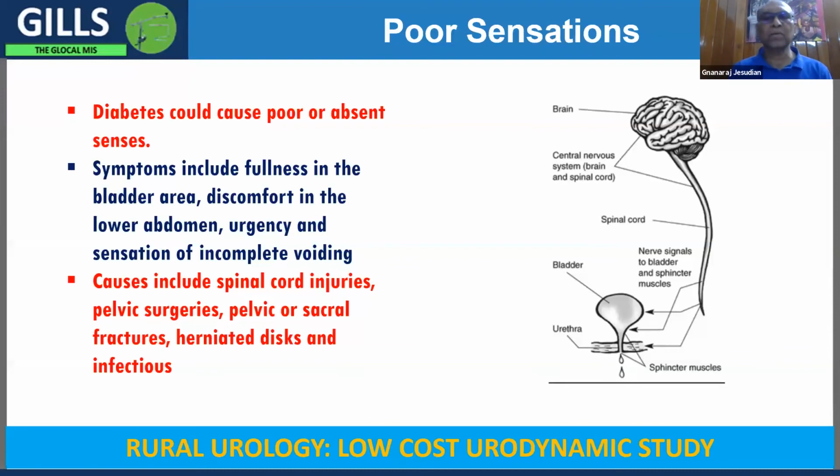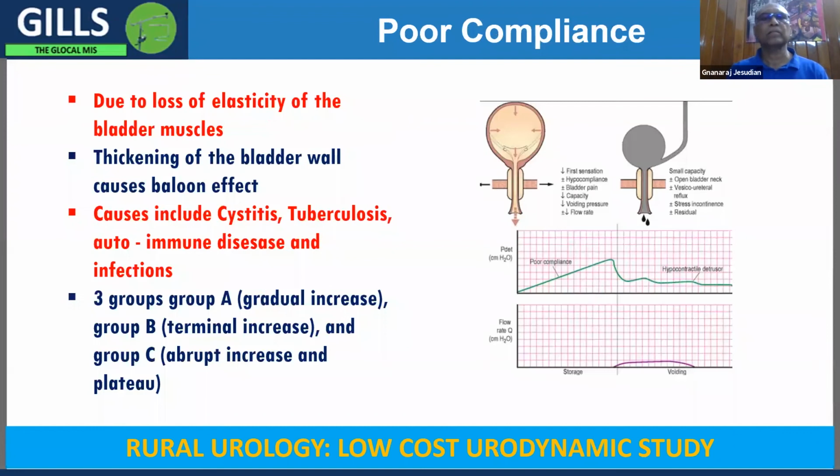They can hold up to 1 liter or 1.5 liters of urine without realizing it. They might just have some fullness or discomfort in the lower abdomen rather than the regular sensations. Spinal cord injuries, pelvic surgeries, fractures, and herniated disc are some of the causes which cause neurovesical dysfunction.